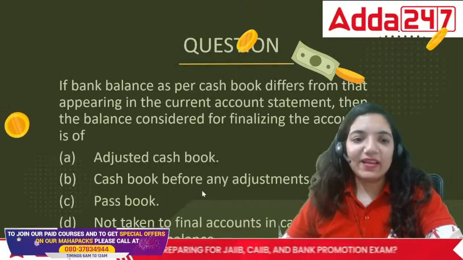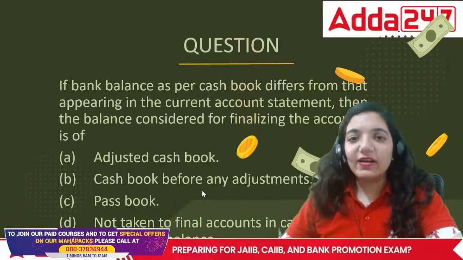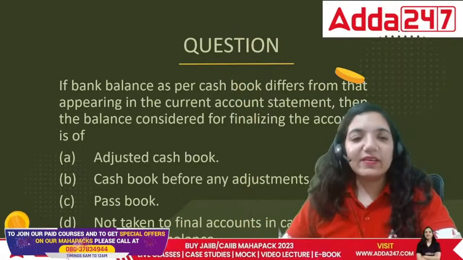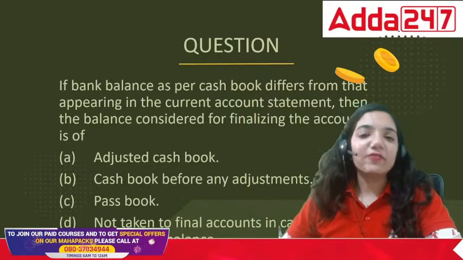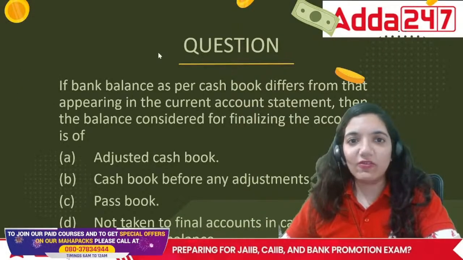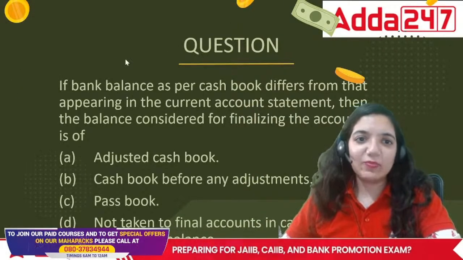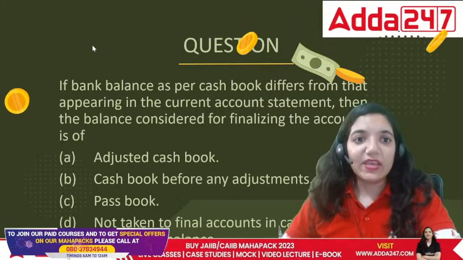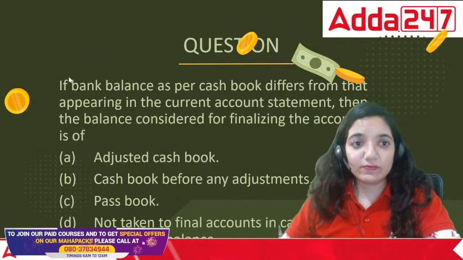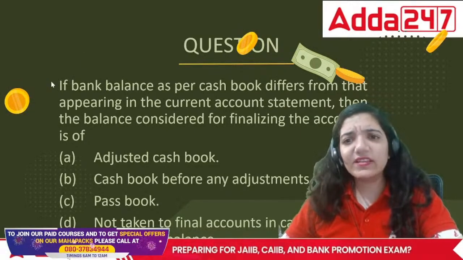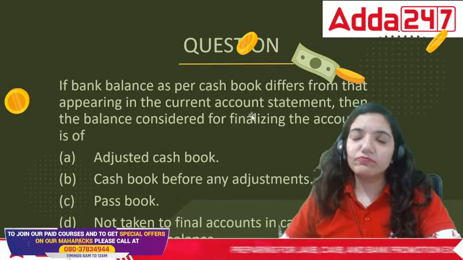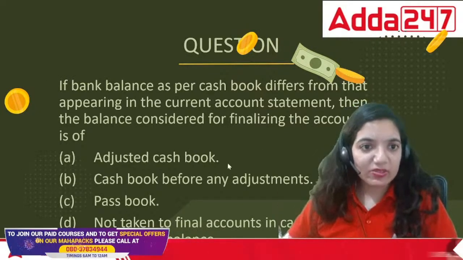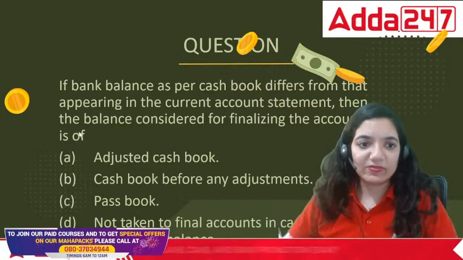If the bank balance as per the cash book differs from that of the current account statement, the balance considered for finalizing the account is of what? See, the point is sometimes there is a particular difference that comes up in the area of accounts. When we talk about it, there is something called cash book, there is something called passbook, right?